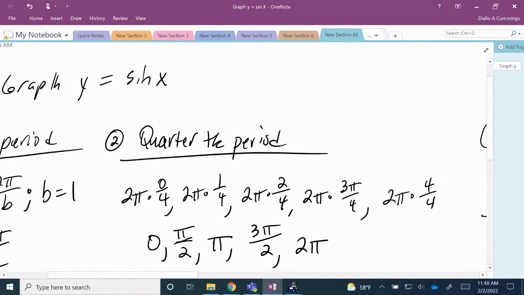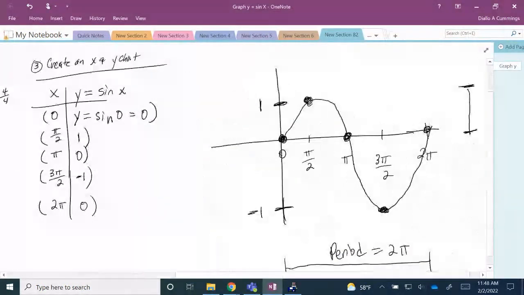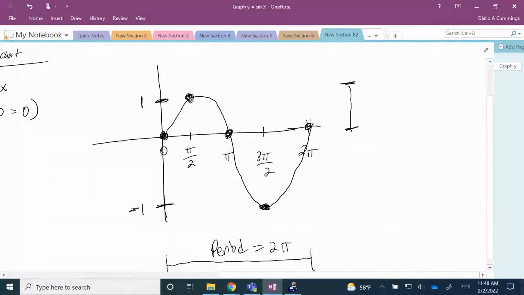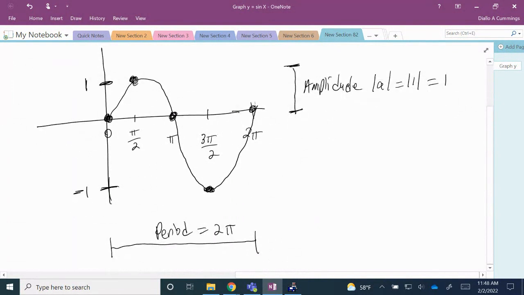So the amplitude is the absolute value of the coefficient of your sine term, which is 1. So the amplitude for our function is 1.